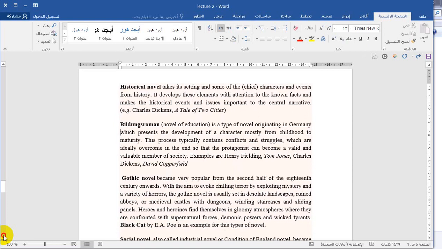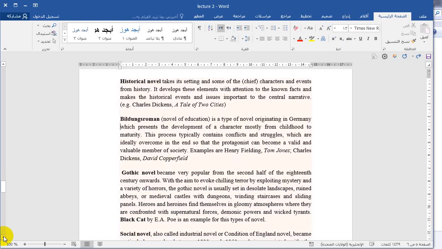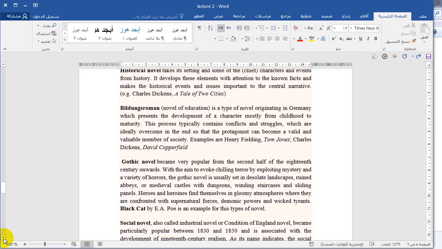Gothic novel is a very important novel. Its aim is to evoke terror and horror in the reader. Gothic novels are set in desolate landscapes, ruined abbeys, medieval castles, with unreal characters. Sometimes those creatures are doomed or non-human, half human, half animal, wild creatures.